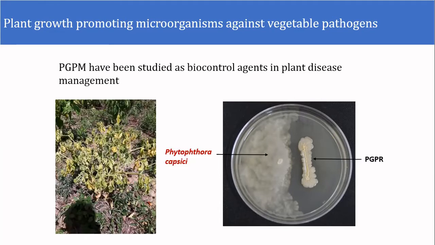And here, if you see, when we tried to screen a number of strains against this Phytophthora capsici, we have seen that this strain has shown a very good effect against it. Not only that, we have also screened against several vegetable pathogens that I will present to you during the later part of my presentation.